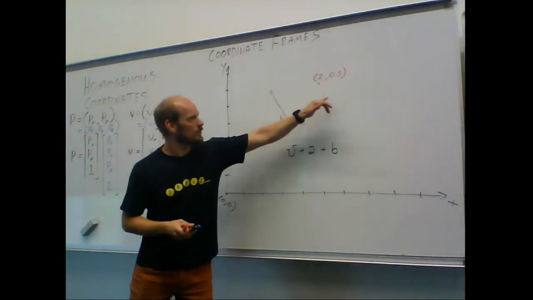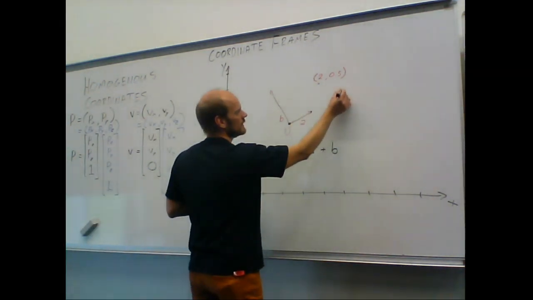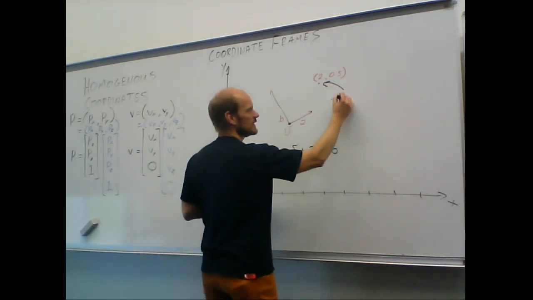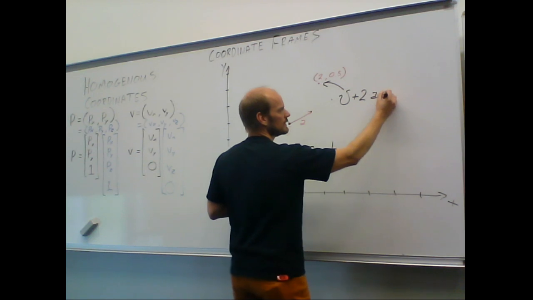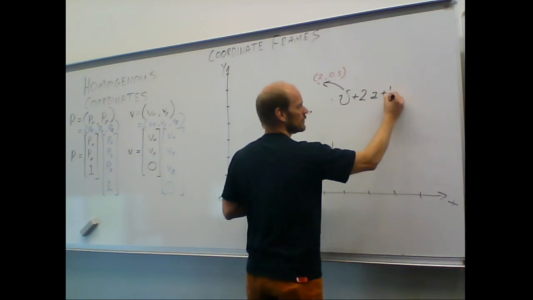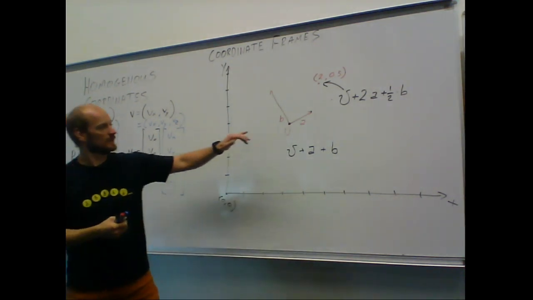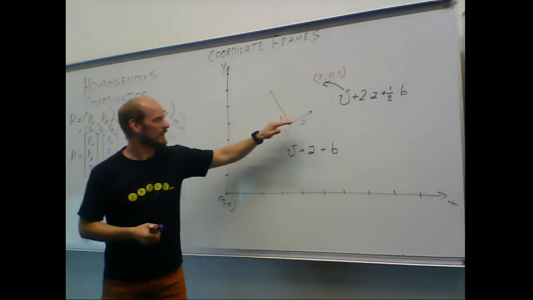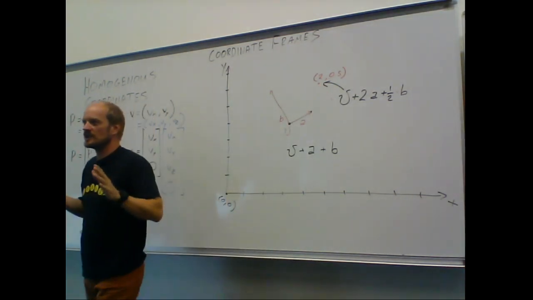You see, this is 2 and 0.5. That same point in the global coordinate system is then my point of origin plus 2 times A plus 1/2 times B. I basically add 2 A's to here, I add 1/2 of B, and then I go to here. Does this make sense?